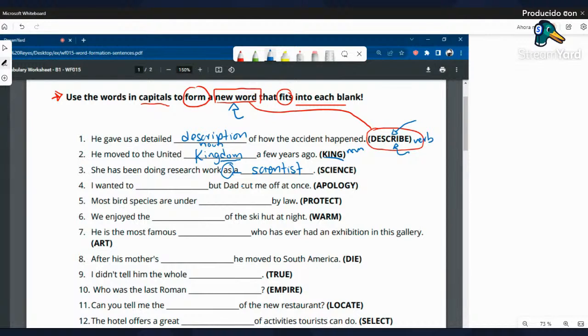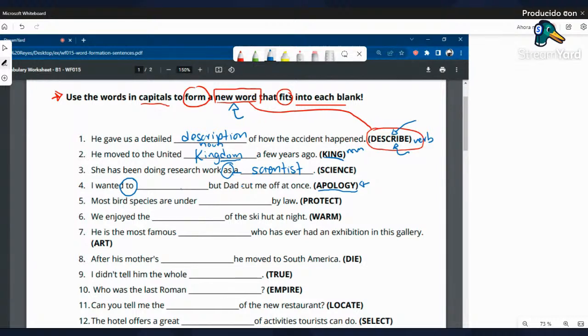Number 4. I wanted to, but that cut me off at once. Apology. Now, as you can see here, I have the word to, or the preposition to, which means I need an infinitive form with to.